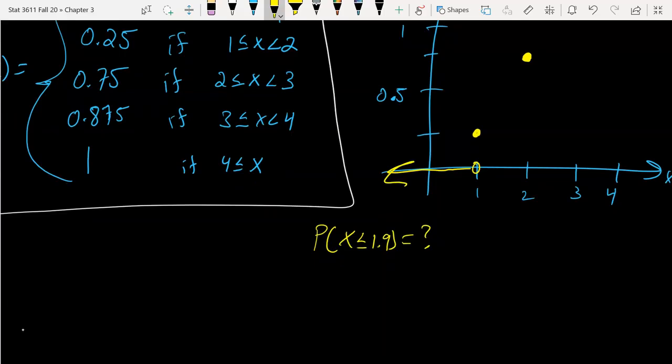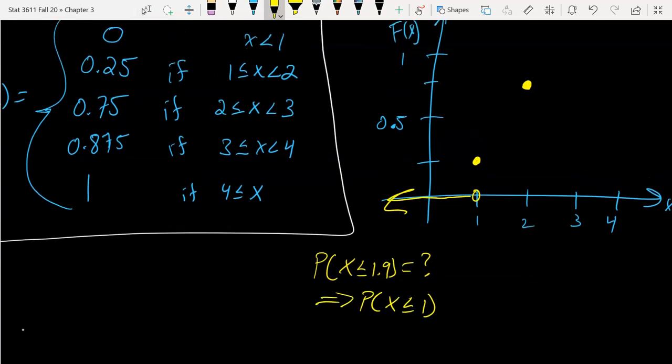When x is less than or equal to 1.9, there is 0 probability that you go anything between 1 and 2 until you get to 2. There's 0 change in probability. So if x is less than or equal to 1.9, this is equivalent to the probability that x is just less than or equal to 1, right? Because you don't add any new probability. And so we're going to just include all of this here.